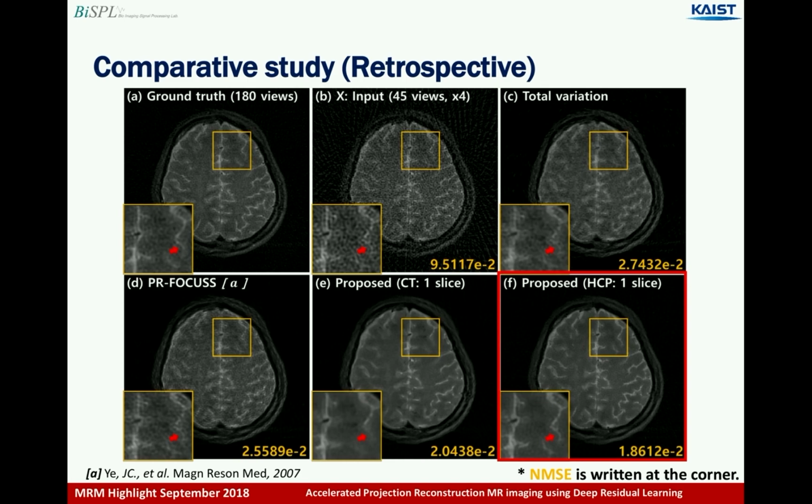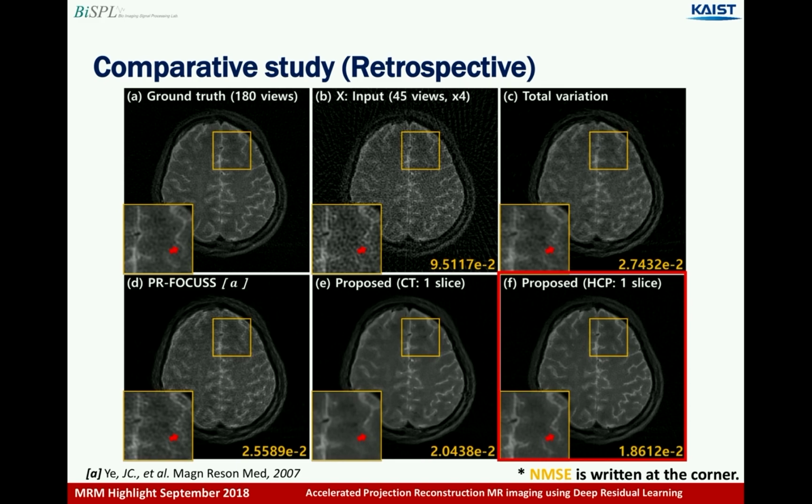This is the retrospective study. The acceleration factor is 4, and the training dataset is only 1 MR slice. As you can see, the proposed method showed better performance than the other methods in terms of visual quality and NMSE value.